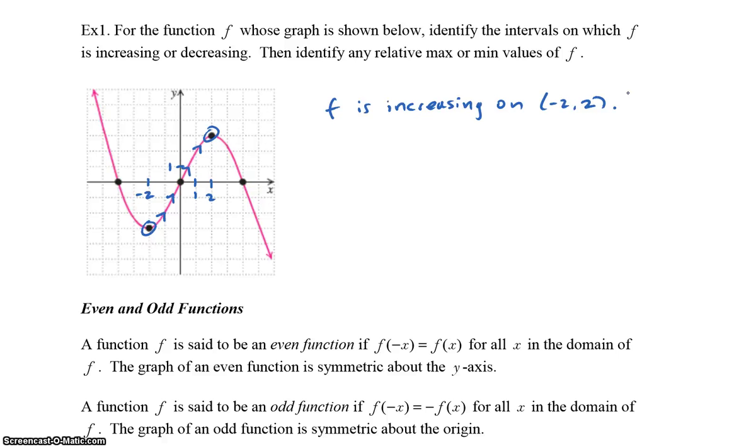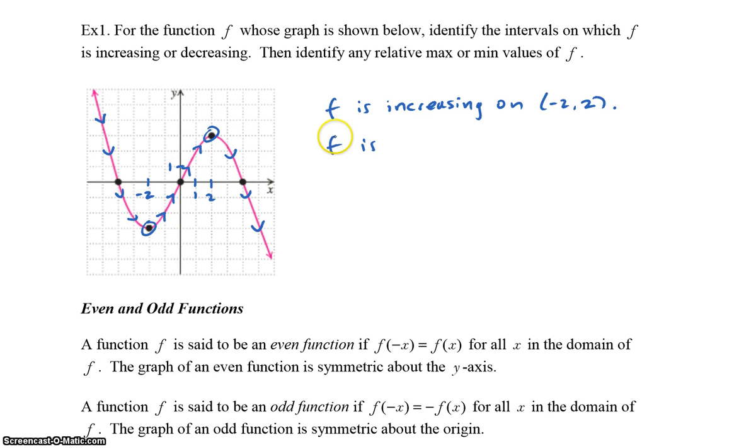Now, what about decreasing behavior? Well, we see that the graph is falling along here, and then also here. So the decreasing behavior occurs to the left of -2 and to the right of +2. So here's how we might describe where the function is decreasing.